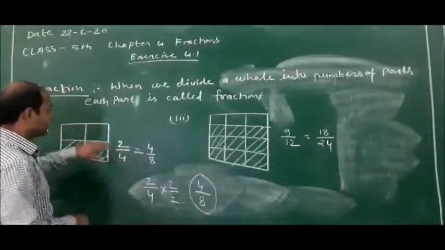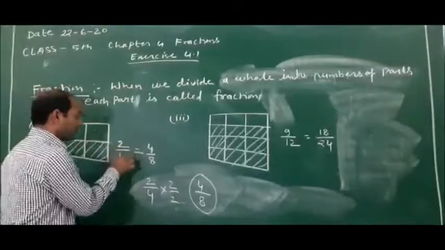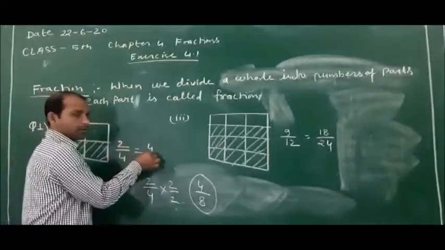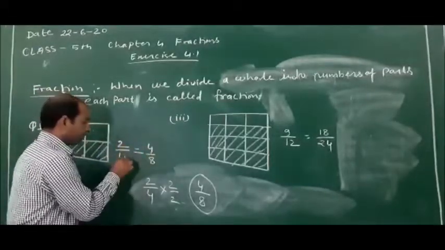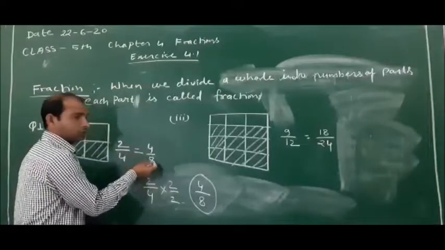So we write the equivalent fraction of 2 upon 4 equals 2 multiplied by 2 equals 4, and 4 multiplied by 2 equals 8.